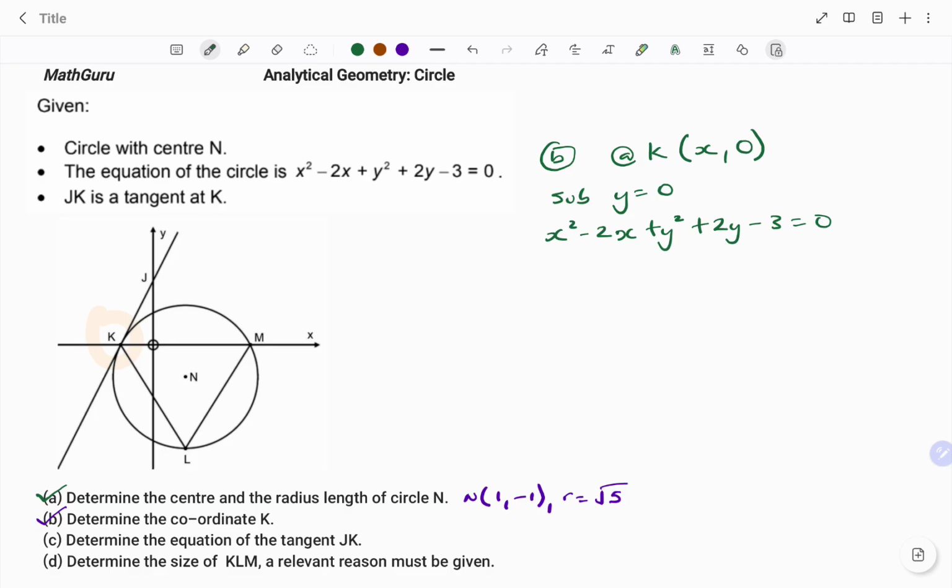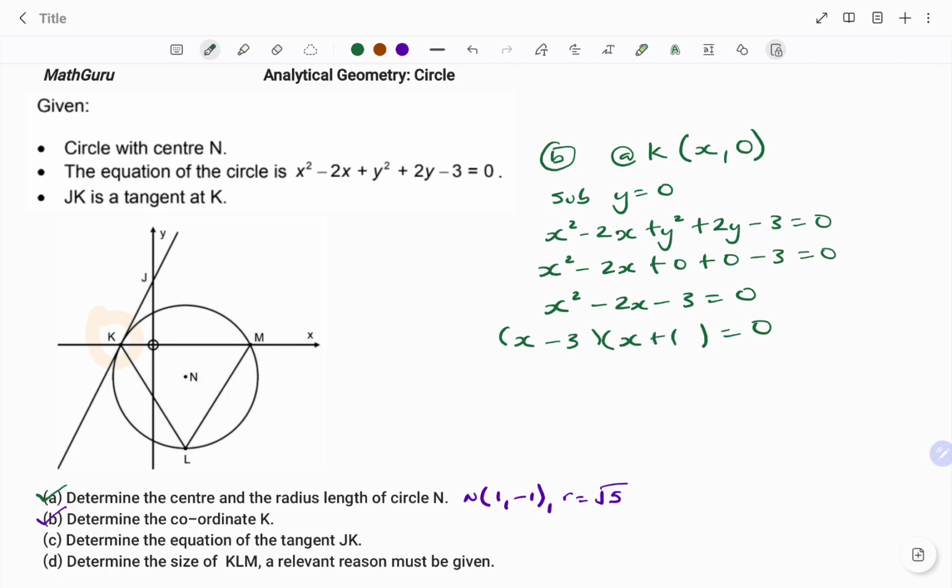If I substitute y equals 0, what I have will be x squared minus 2x plus 0 squared is 0, and 2 times 0 is 0, minus 3 equals 0. If I simplify further, I have x squared minus 2x minus 3 equals 0, and solving for x, I'm going to factorize my left-hand side. That's x times x, and then I have -3 and +1.